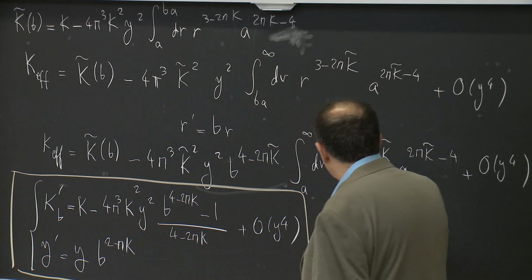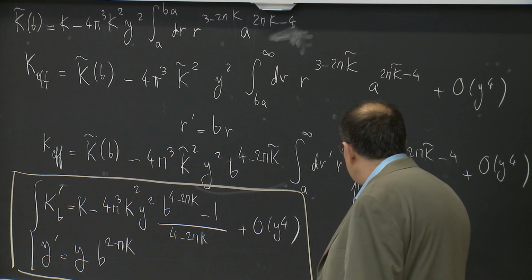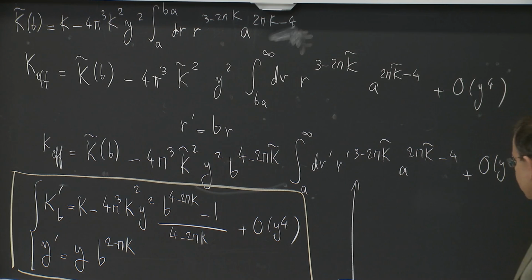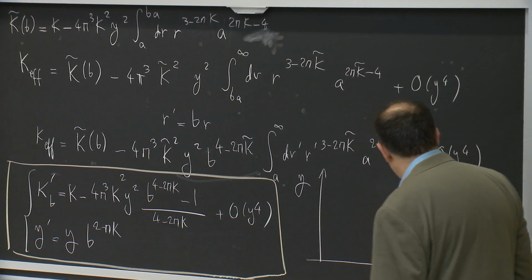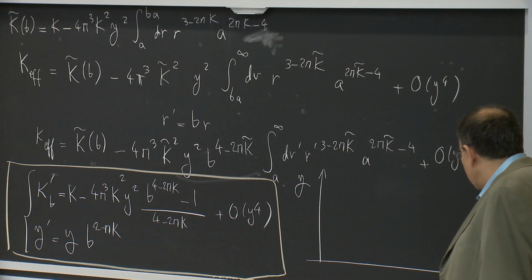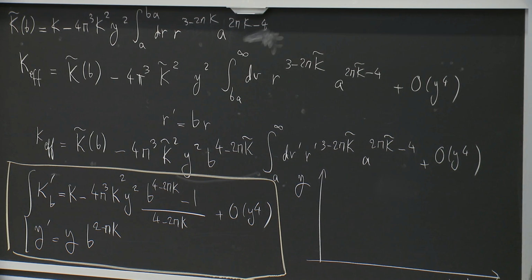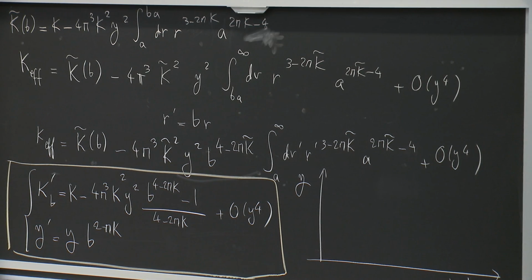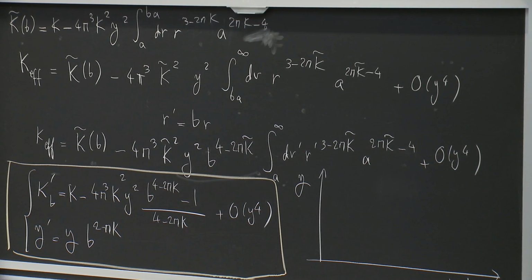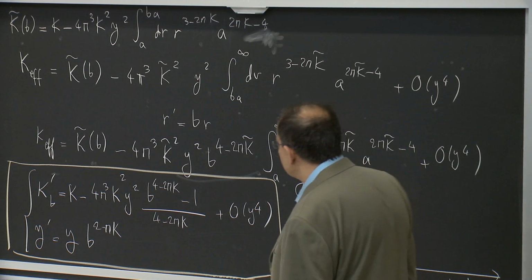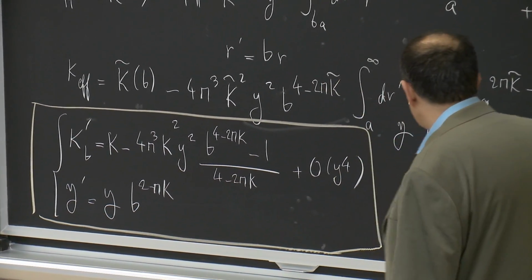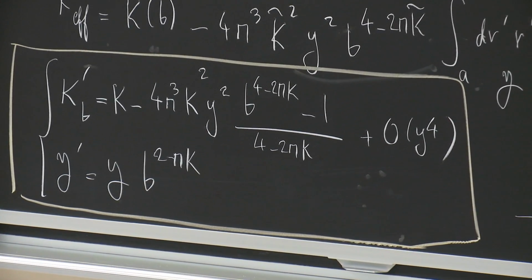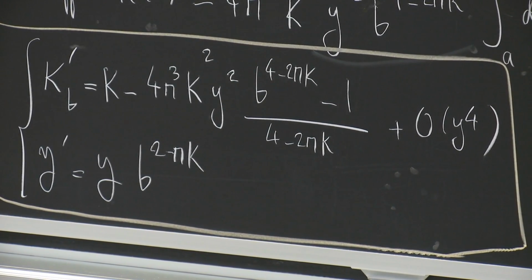So our theory is described in terms of two parameters, this y and this K, or let's say its inverse, K inverse, which is more like temperature. And what we will show next time is that these recursion relations, when I draw here, will give me two types of behavior.